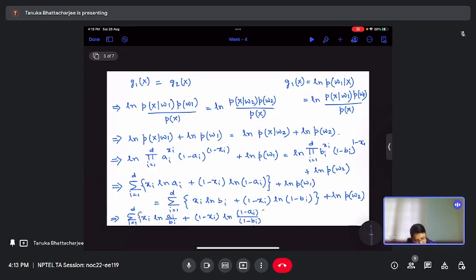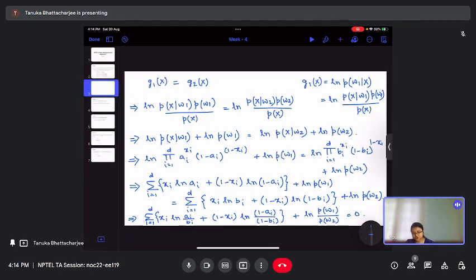This entire thing is in the sum, plus ln of p of omega 1 by p of omega 2 equal to 0. So this is the simplified expression for our decision surface.